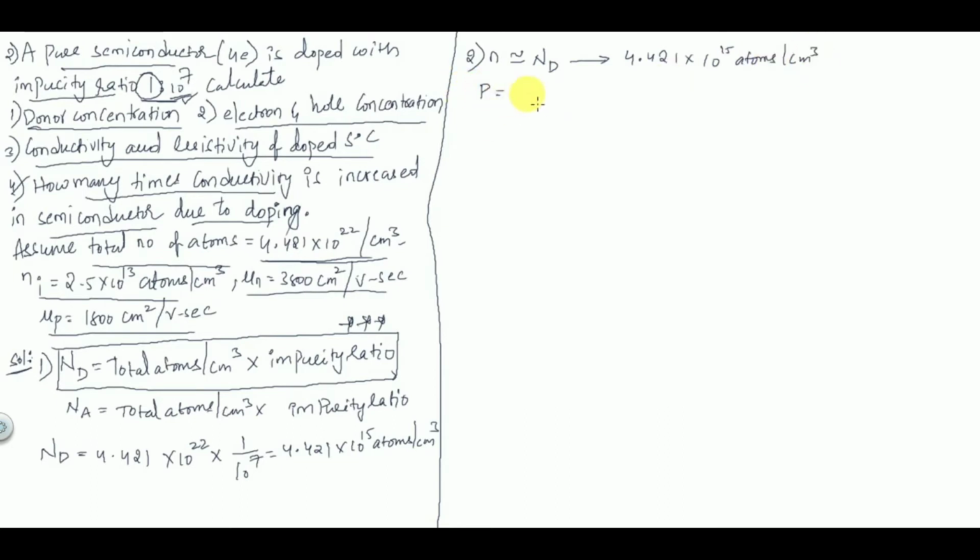Similarly, hole concentration, from mass action law concept, is Ni square by ND. You can see the video from the playlist which I have given in the description. So Ni square by ND. What is Ni given? 2.5 into 10 to the power of 13, whole square, divided by ND, which is 4.421 into 10 to the power of 15.